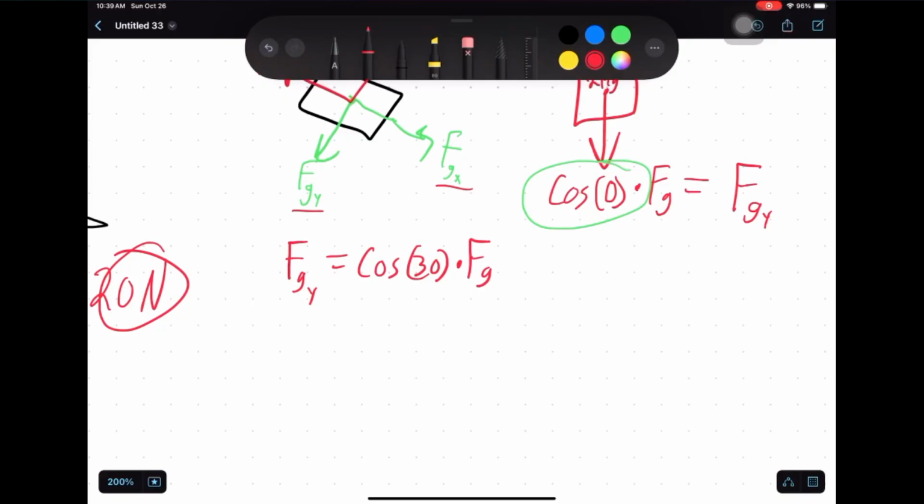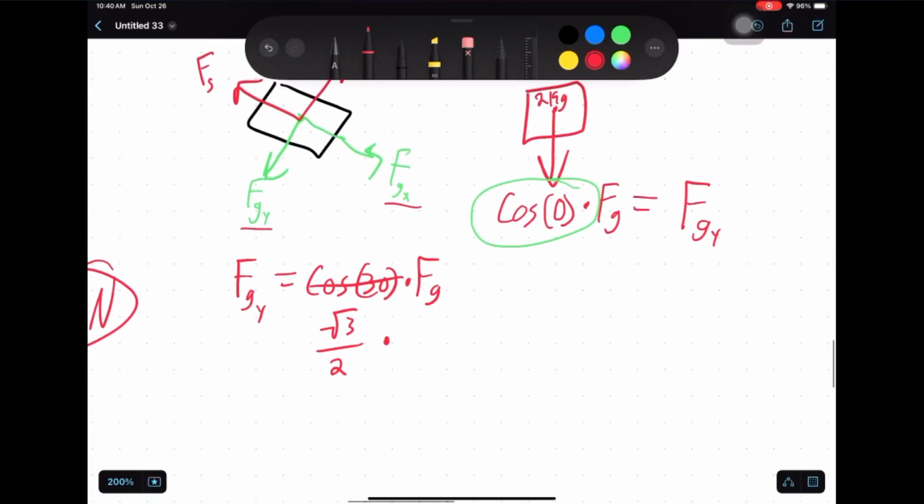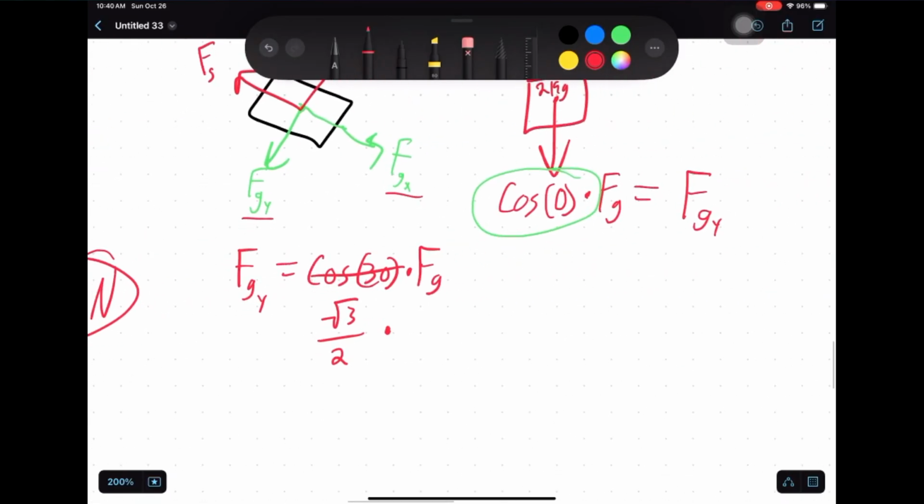Cosine of 30 is root 3 over 2. We're going to mark that out because we now have the number. And force of gravity in this problem is 20 newtons. So we're going to write 20 newtons. Mark that out.